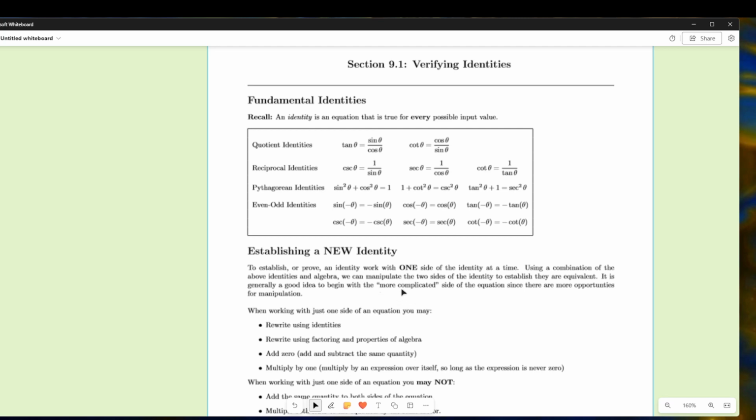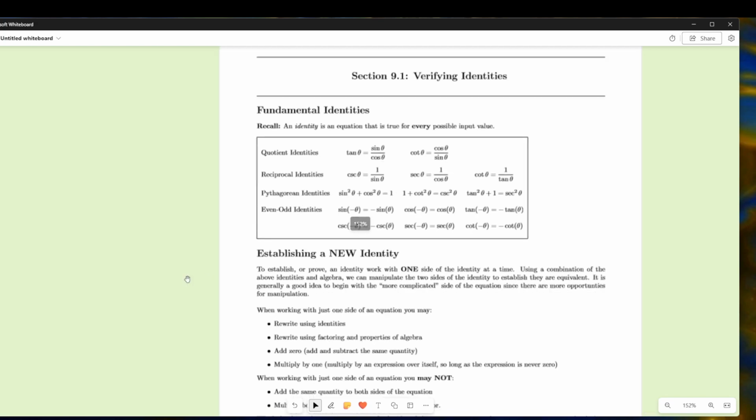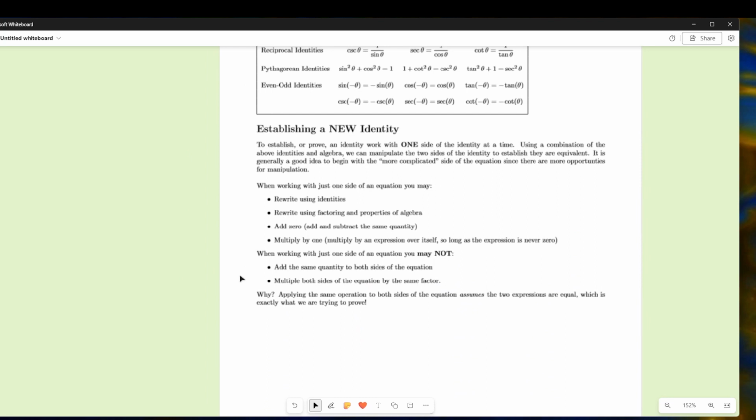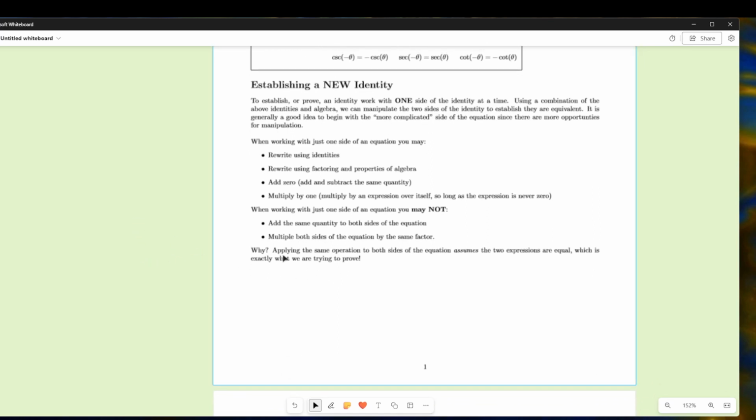There are a lot of reasons why we don't want to be working both sides, and if we go down here, it talks about, when working with one side, we can't add and subtract or multiply and divide things on both sides. There are a couple reasons. One of the big reasons is stated here in your notes.